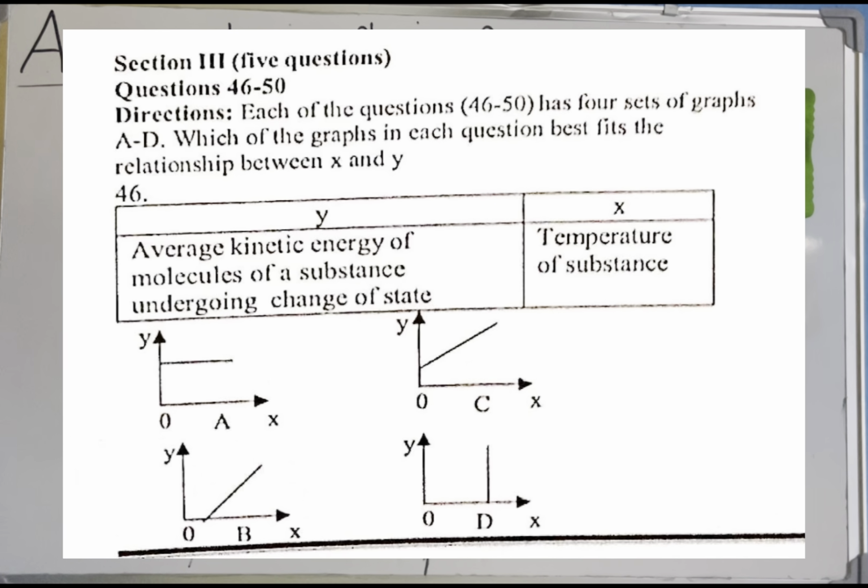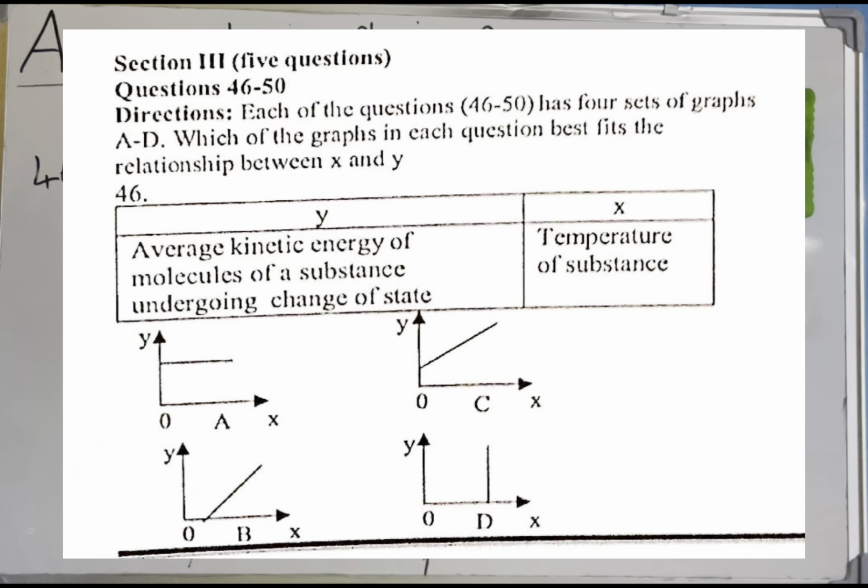Now let us read the first question. The first question is average kinetic energy. y represents the average kinetic energy of the molecules of a substance undergoing change of state, and x represents temperature of the substance.